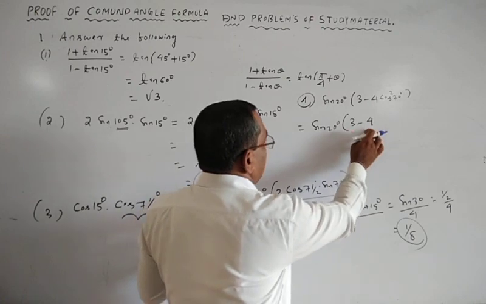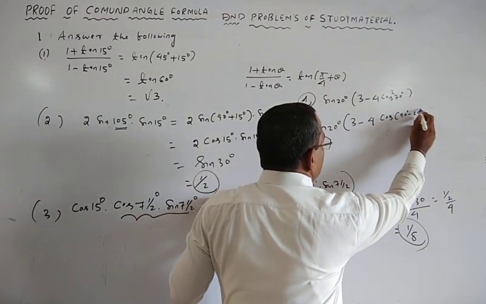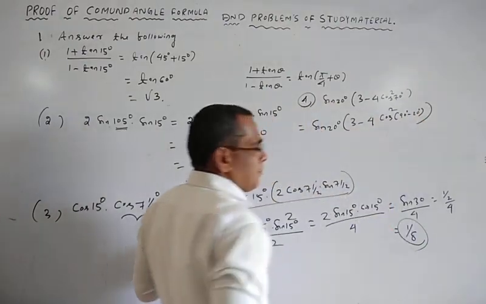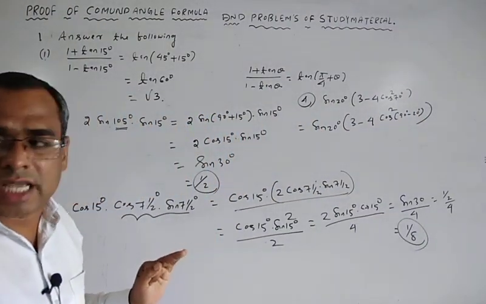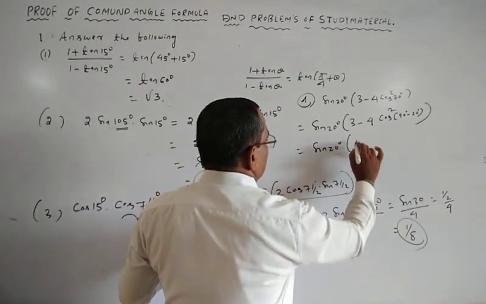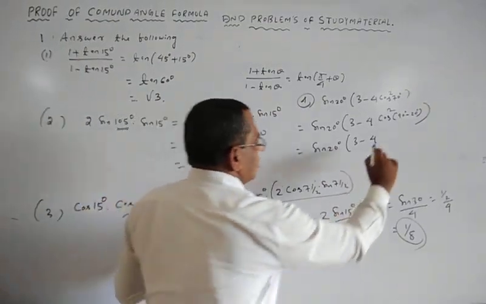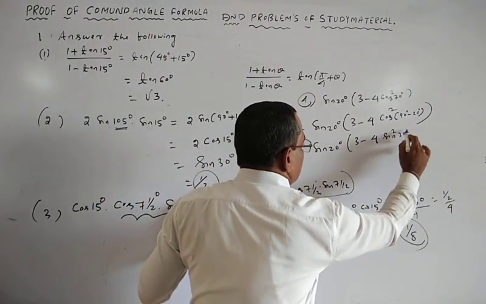So sin 20 degree into 3 minus 4 cos square of 90 degree minus 20, but cos 90 minus theta is equal to sin theta. So this is equal to sin 20 degree into 3 minus 4 sin square 20 degree.